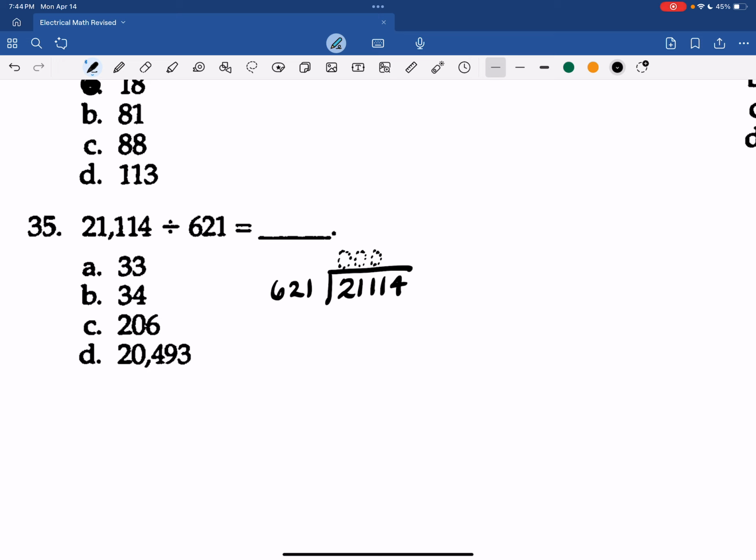Just to get me close, I'm going to say 6 into 21 is about 3 times. So let's see what that gives us. And then let's try 4 times just to see if that's any better. And that is too much. So I'm going to go with the 3.